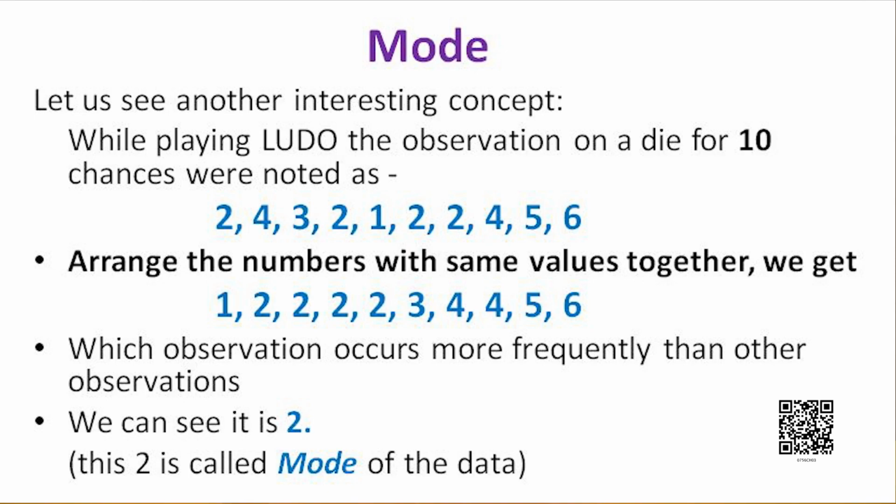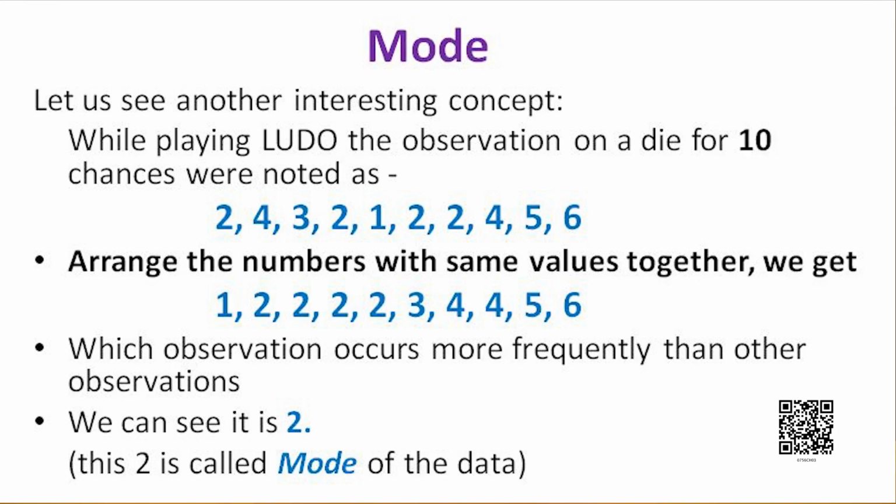Once he threw the die and observed what was on the top, he found it was number 2. I am sure all of you know how many numbers there are on the die: 1 to 6. 0 is not there, neither 7, 8, 9, 10. Only 1 to 6. So the first observation was 2.